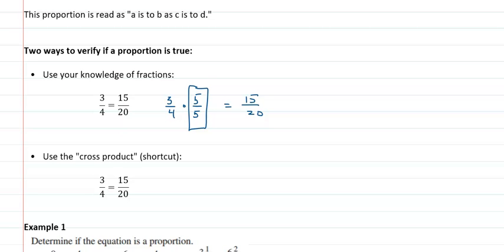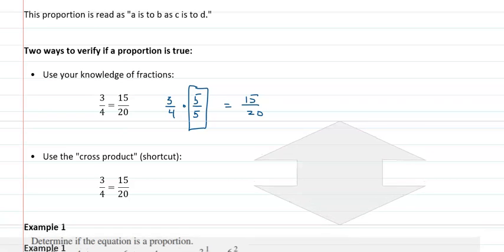All right, the other way to do it is to use the cross product. So the cross product here is to say we're going to multiply these two, and then we're going to multiply these two, and we're going to see if they are equal. But I want to show you something, and I'm not going to do this every time, but I just want to make sure that you understand we're not doing anything new and tricky.